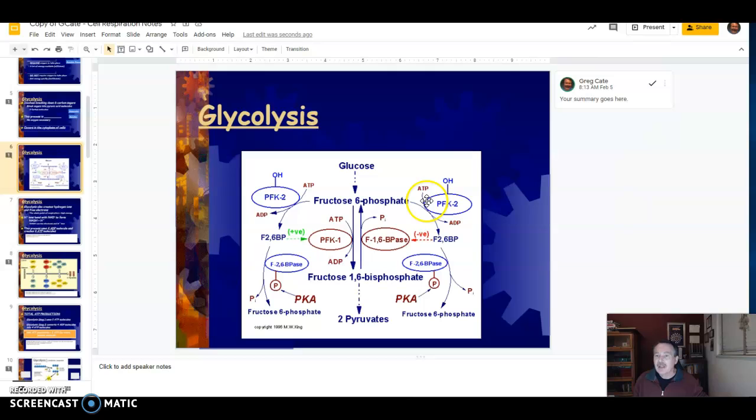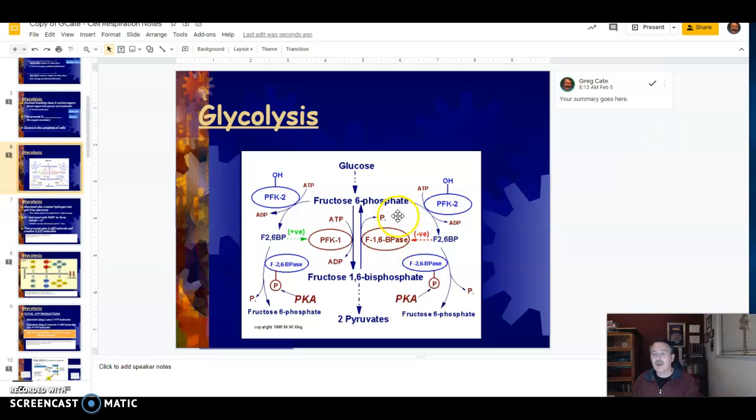Slide 6. This is the slide that has all kinds of stuff going on in here. What do I want you to know about this slide? I do want you to know something about it, but I don't need you to know all about fructose 6-phosphate or fructose 1,6-bisphosphate.